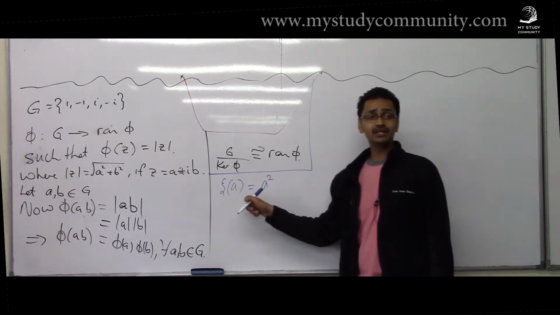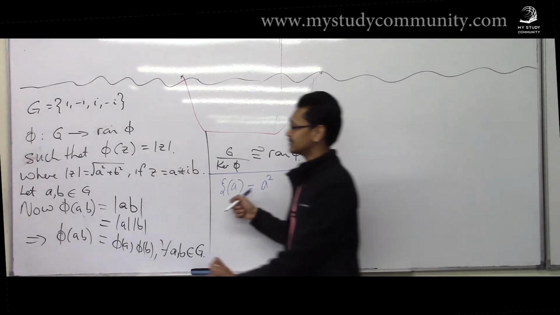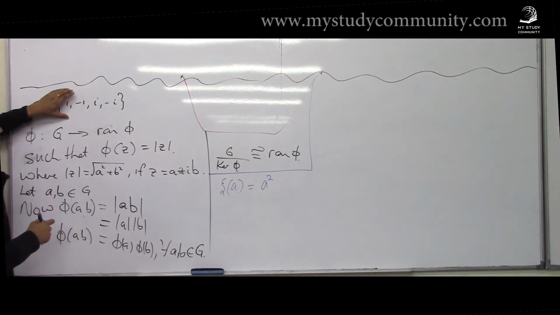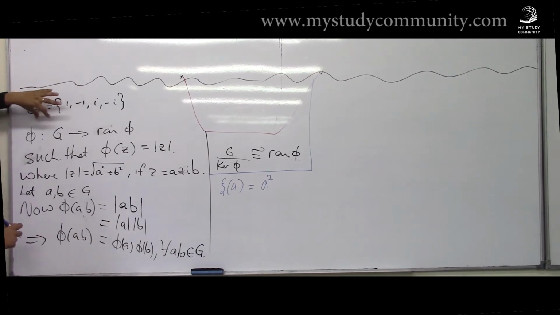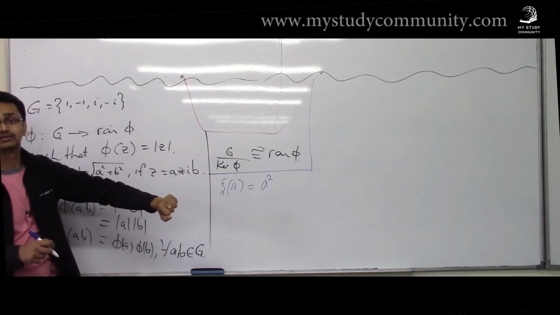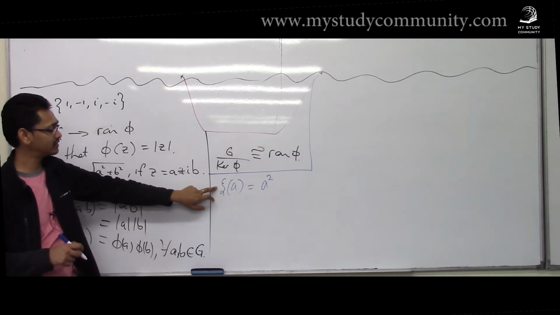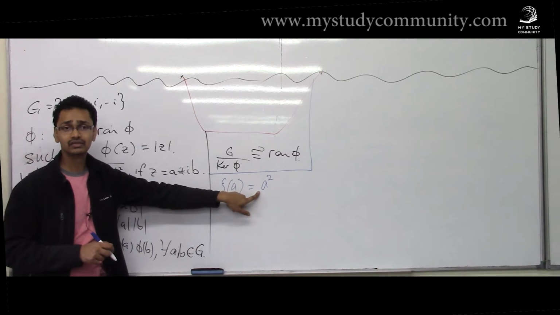So this is a homomorphism, yes, from before. So new question, exact same set G. Right. So now we have our homomorphism as psi of A is A squared instead.